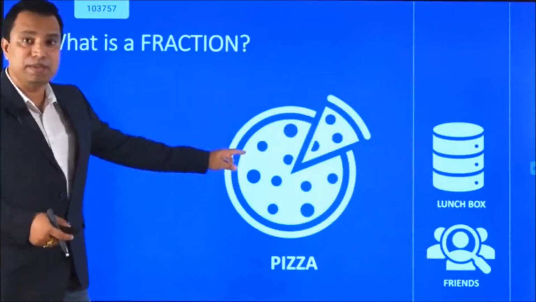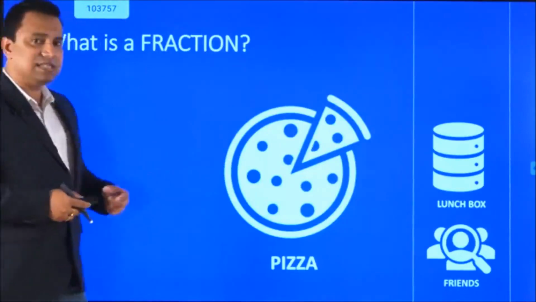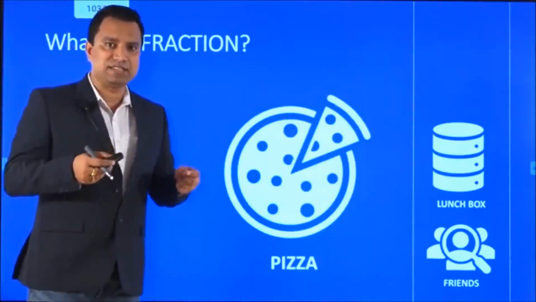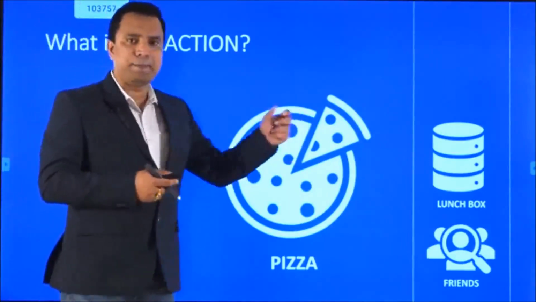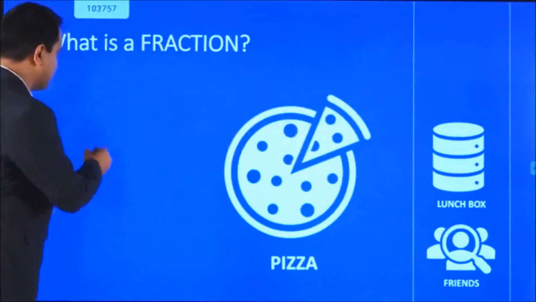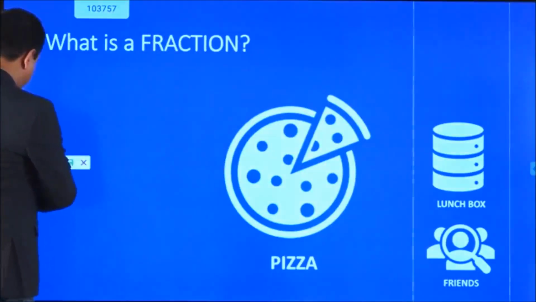So that's a yummy pizza right in front of you on your board. As you see, the very first moment the waiter gets you the pizza, you pick up a part of it, okay? So that's what we are talking about. You pick a part of a whole pizza.